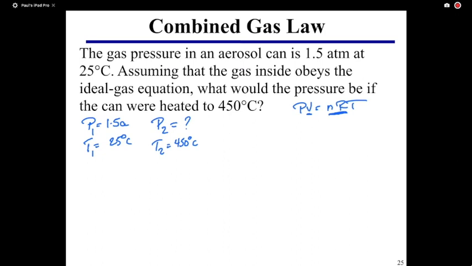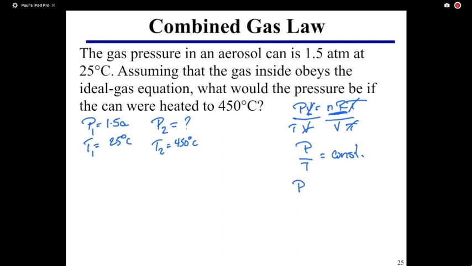Okay, so what I'm going to do is I'm going to get all the constants together. And I divide by T so that n, R, and V are constants, and I get P over T equals something that is constant.